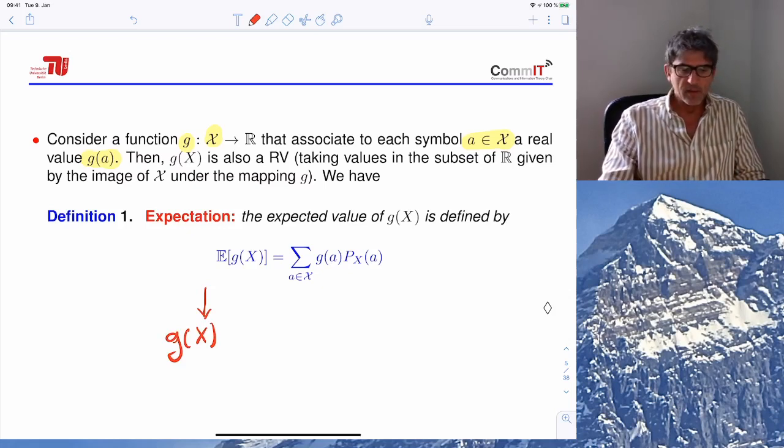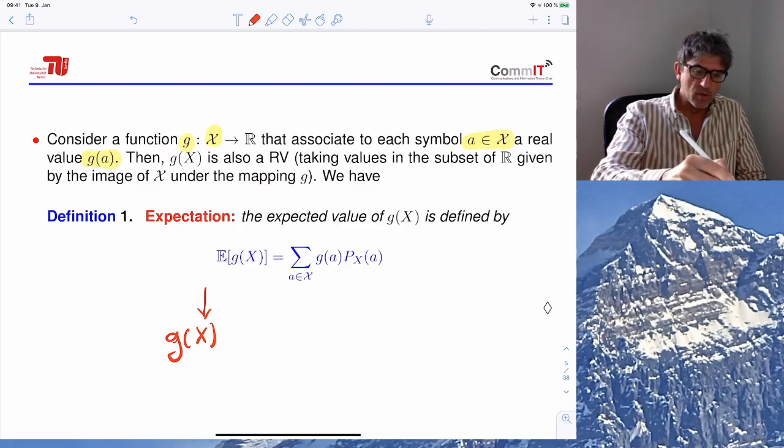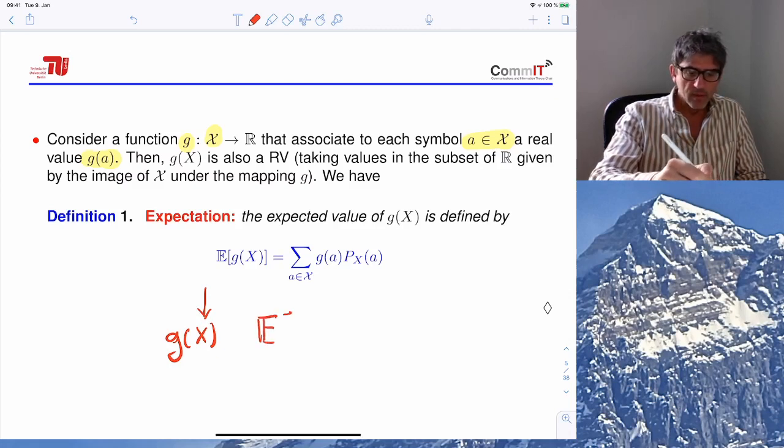So g of X, since X is random, then the value g of X is a random value. Okay. And I can define the expected value of this function of a random variable, and I use this symbol, E, brackets with something inside. The g goes here inside.